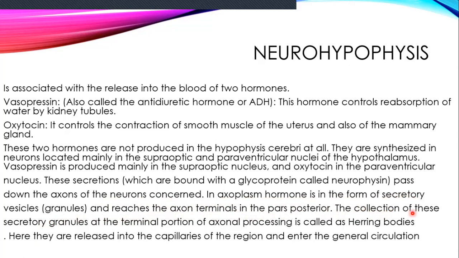These collections of secretory vesicles at the terminal portion of the axon are called Herring bodies. So these secretory granules are stored in the terminal end of the axon, which has a dilatation known as the Herring body. Here they are released into the capillaries of the region and enter the general circulation.